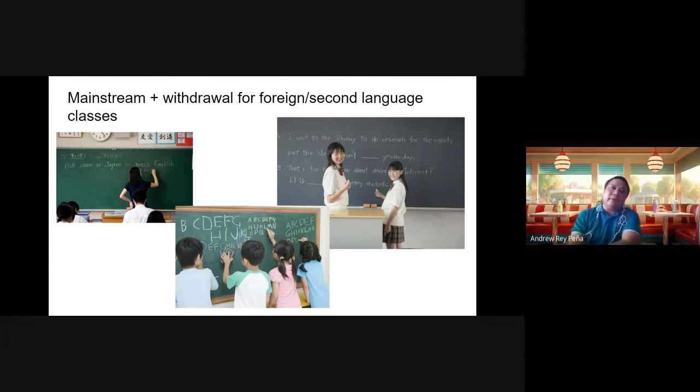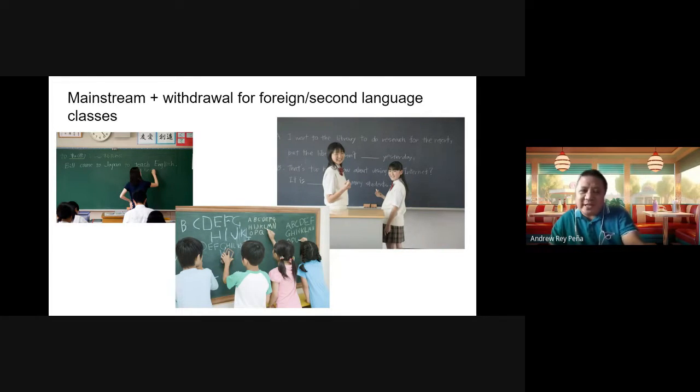So, what happens here is all the subjects are taught using the majority language and the students are speakers of the majority language. But they are withdrawn, they are given a special course, a special subject for teaching another language, usually a dominant language in the international scene.